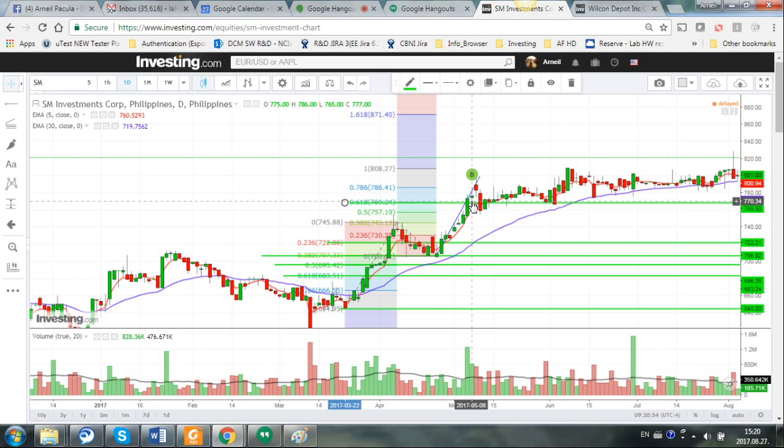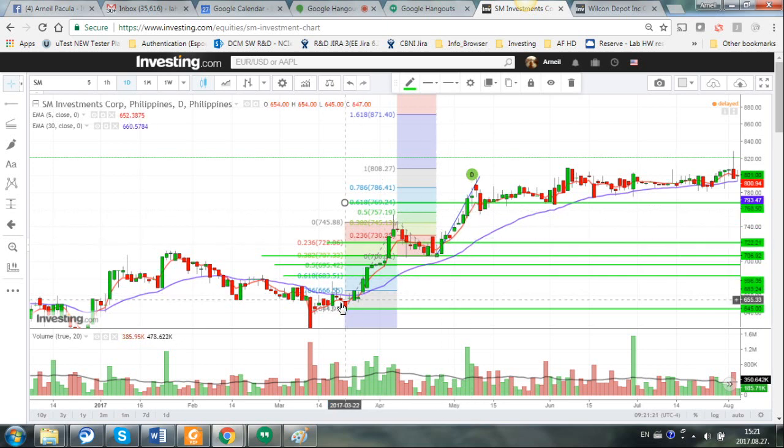We always need to use other indicators as well to support our theory. So, alam mo na this is already a target price. But if the chart or the other technical indicators are not saying that it is a selling price or if it is a selling point, then why sell, right?